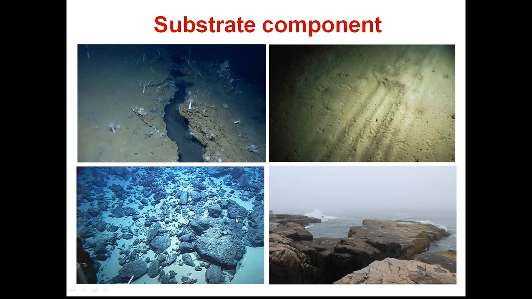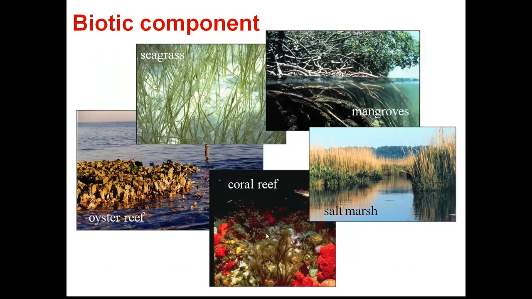And then when we're talking about rocky surfaces, we can have more complex and more simple structures which are going to influence the hidey holes for organisms to seek refuge from predation and from currents and waves and that kind of thing. And also at the finer scale, the texture, which is going to influence how well organisms can attach to the various surfaces.